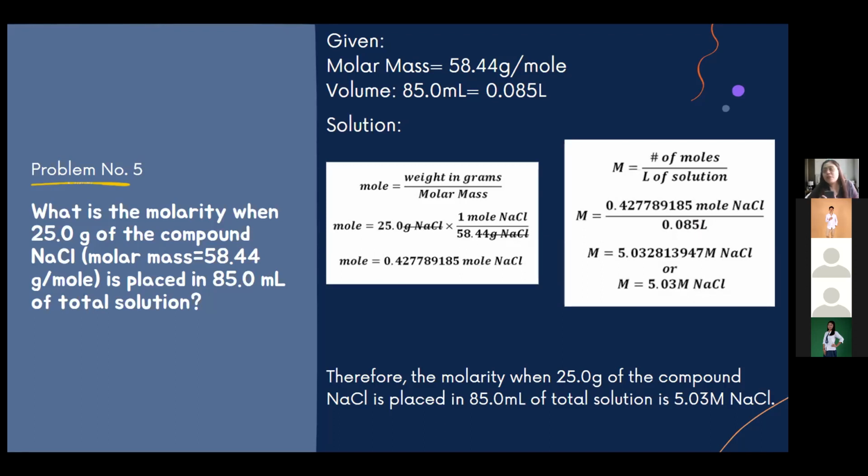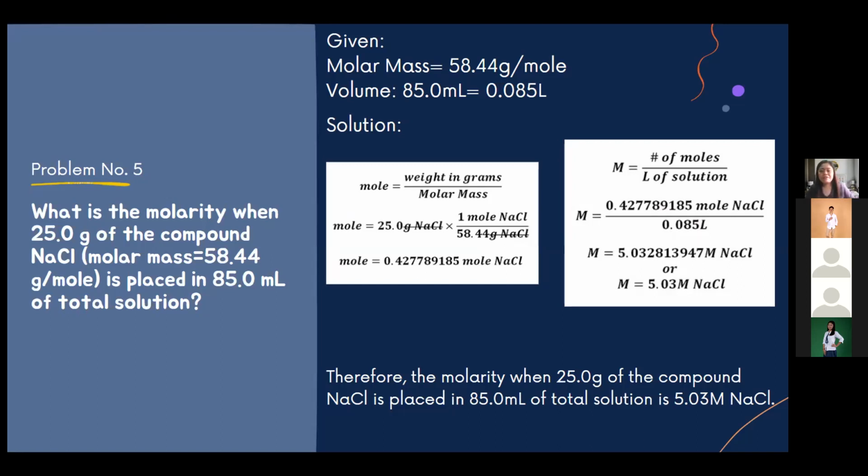When you have 25 grams, you dissolve it in 85 ml of water, and its concentration is 5.03 molar. But if you use the 58, this will become 25 divided by 58 grams per mole, you will have 0.43103482 divided by 0.085. 5.07 molar is also considered. So I have no problem with that.